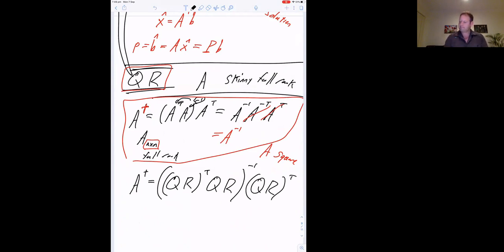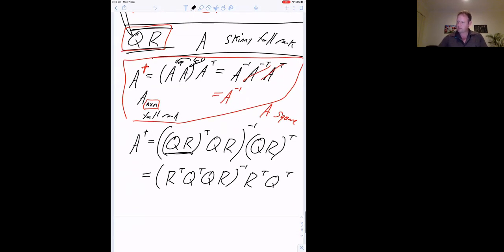Okay. Let's play with it a bit more. That is R transposed, Q transposed, because the transpose flips these guys, times Q times R inverse, and here why not do an R transpose Q transpose.